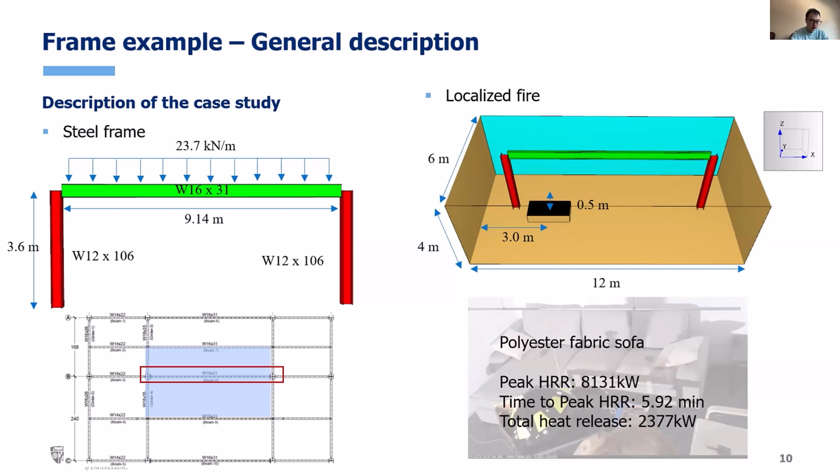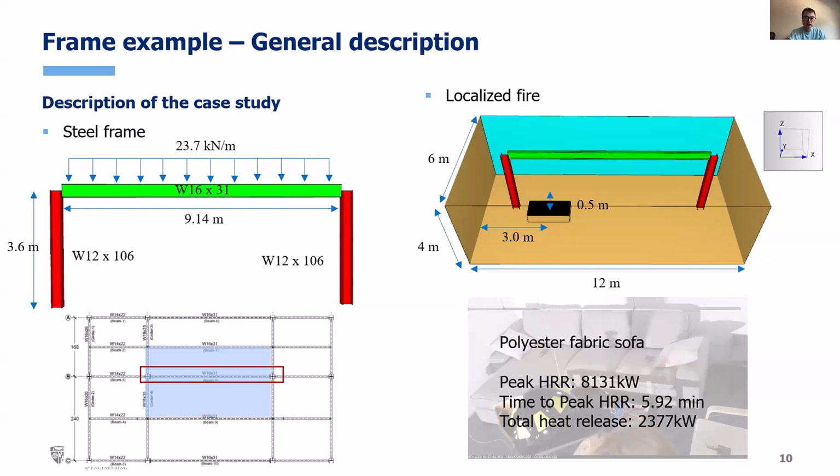So here, the steel frame we use is extracted from a two-story steel-concrete composite building in a recent NIST fire test. The section size, the gravity load, and the geometry are identical to that test. On the right-hand side, I show the relative location between the fire and the frame.